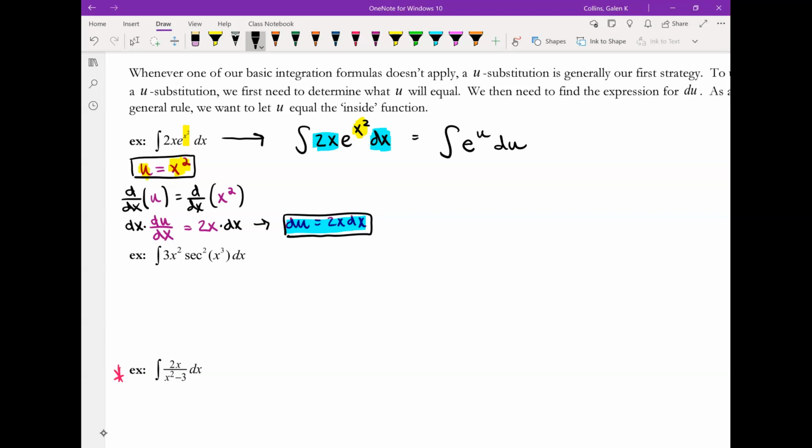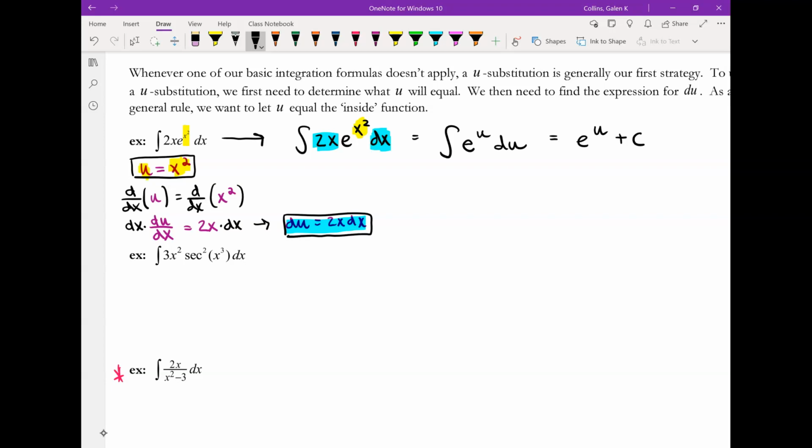I know that the antiderivative of e to the something is e to the something plus c. Now that this is a du, we're going to take the antiderivative with respect to u. So we're not using the variable x right now. So we get e to the u plus c.